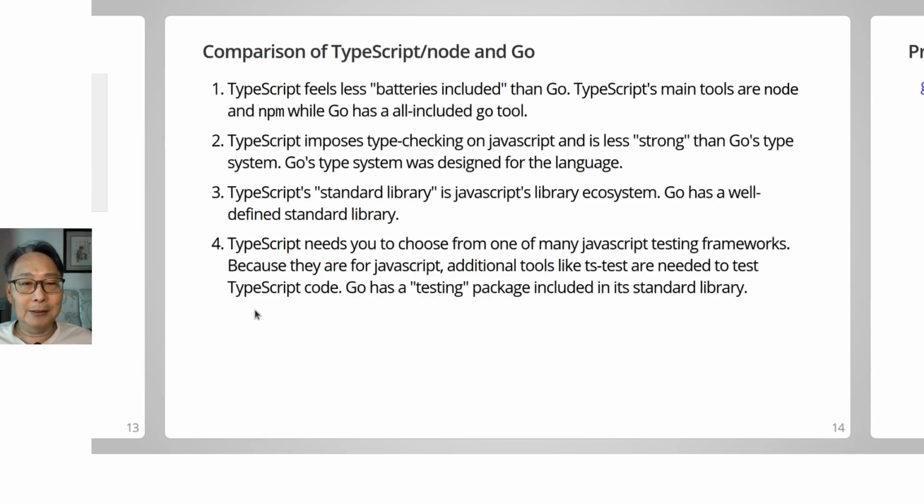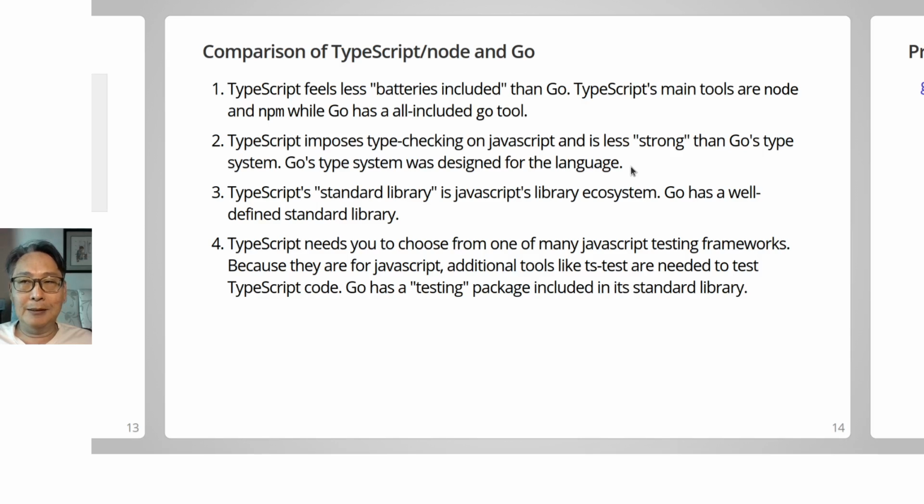How do I feel about TypeScript and Node combination in comparison with Go? Well, to be honest, TypeScript feels less batteries included than Go. You need two main tools working with TypeScript: Node, which is the execution environment, and NPM or Node Package Manager, which is somewhat like the Go tool.